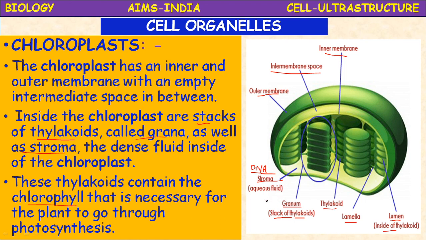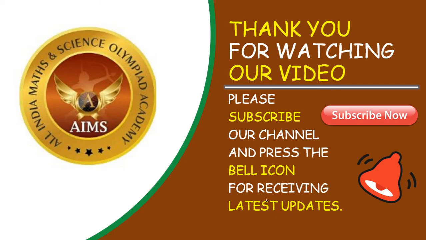It is also a semi-autonomous organelle, meaning the chloroplast can divide by itself. The stroma region and the chloroplasts are semi-autonomous organelles. Okay, children, what is the main function of chloroplast? The main function of chloroplast is photosynthesis.